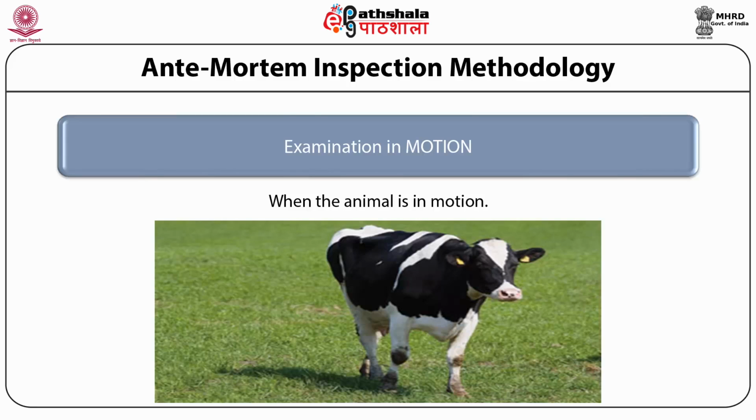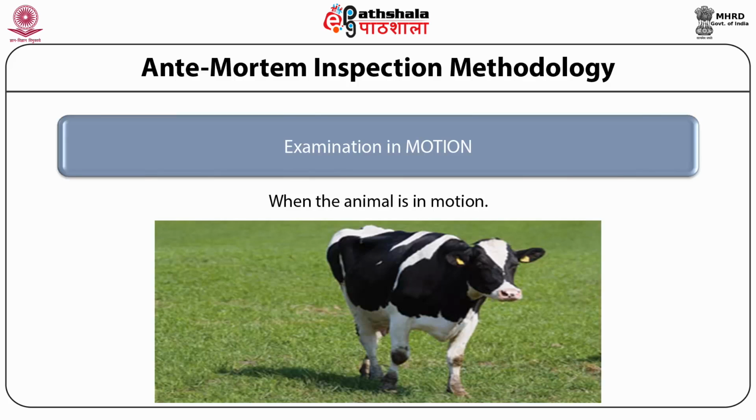When performing in-motion inspection of animals, the veterinary inspector should position her or himself outside the pen next to the open gate so that they can easily view the animals as they are driven by.